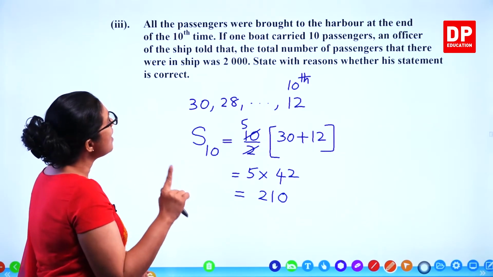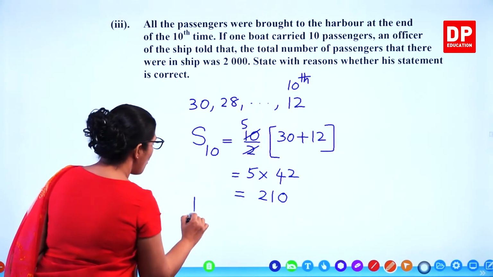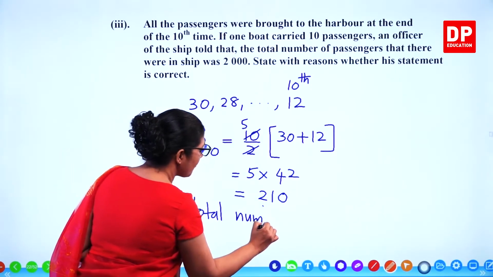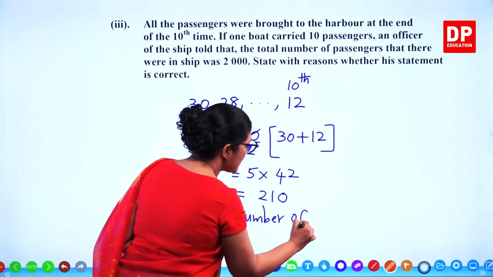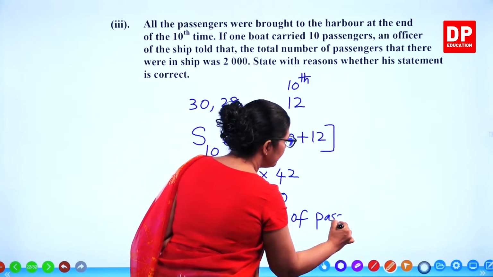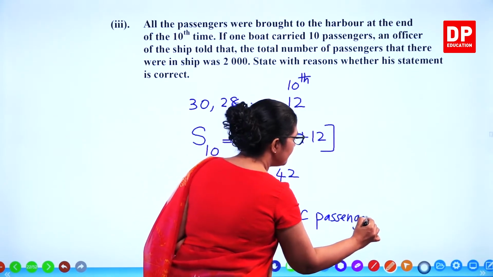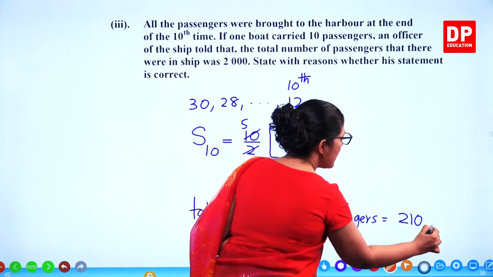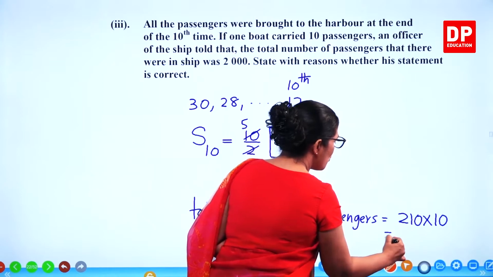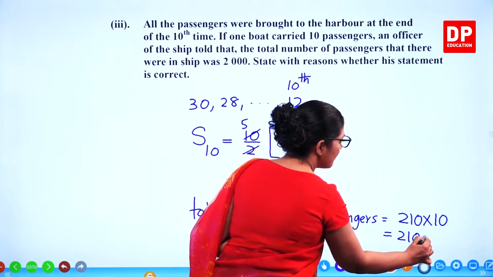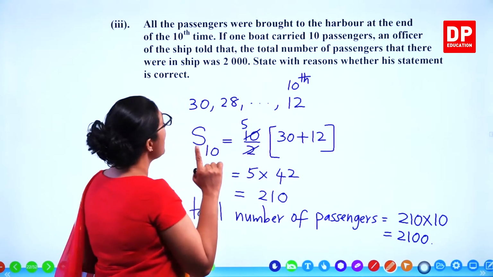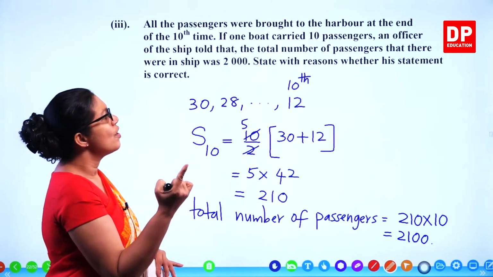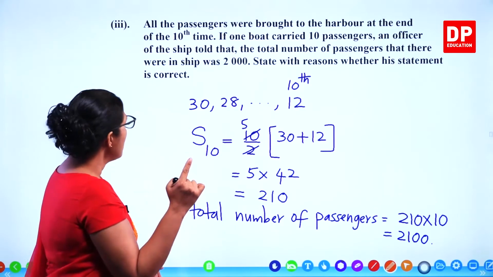Each one 10 passengers. So total number of passengers, 210 altogether boats, each with 10. So 2,100 passengers are there. But it says 2,000. So the statement is incorrect.